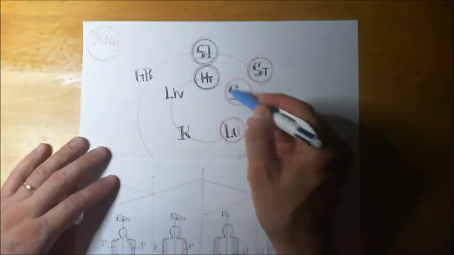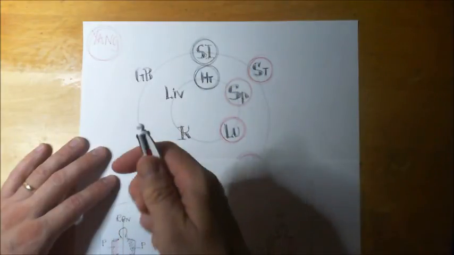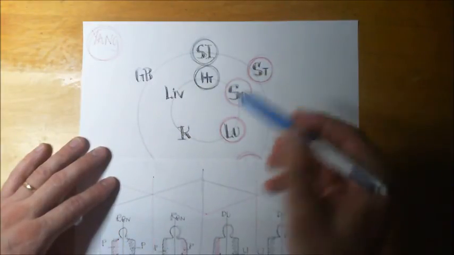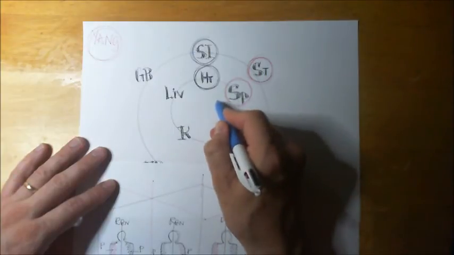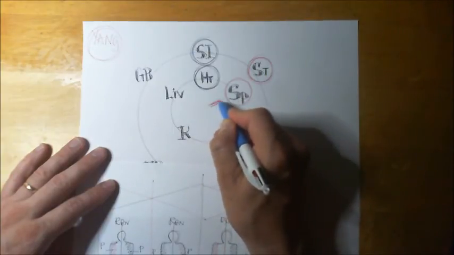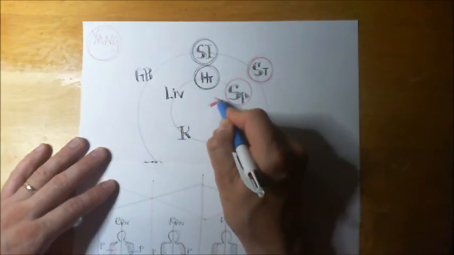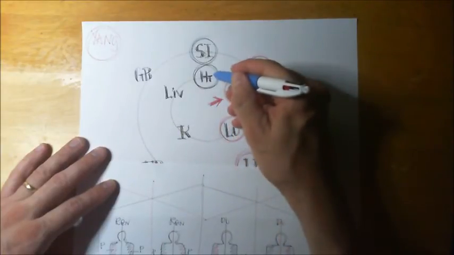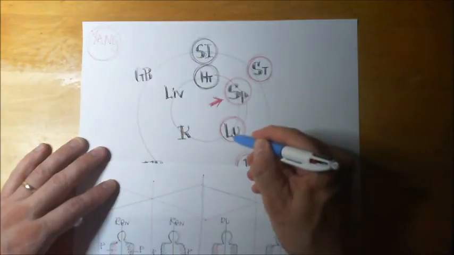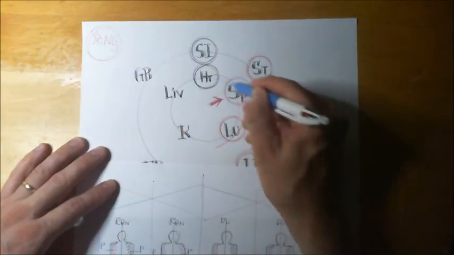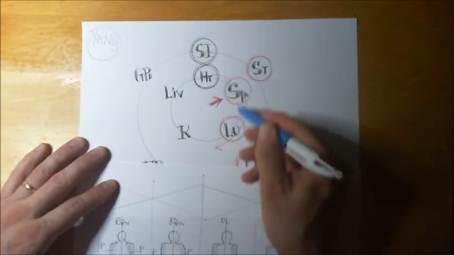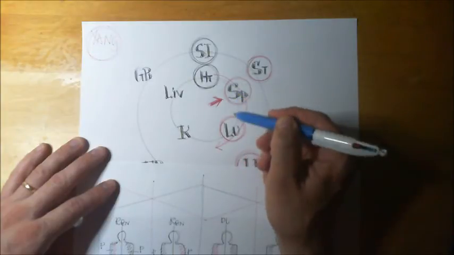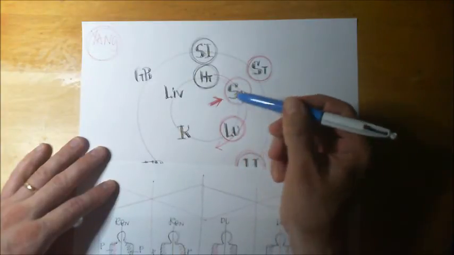So how will we treat? We will treat similarly to how we were treating yang meridians. We will use the spleen meridian, producing movement from the yin excessive to yin deficient, which is yang excessive.